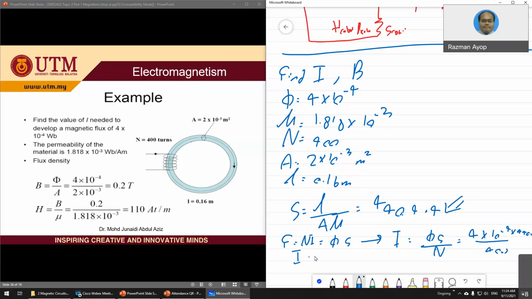So the current needed for this is 0.044 ampere. So that is how you calculate the parameter.